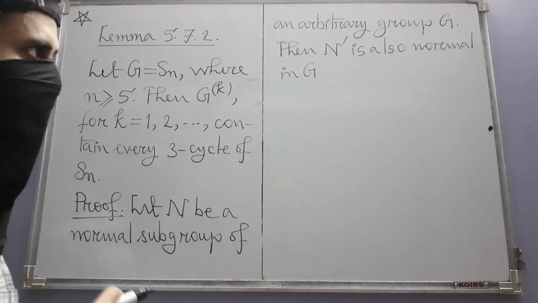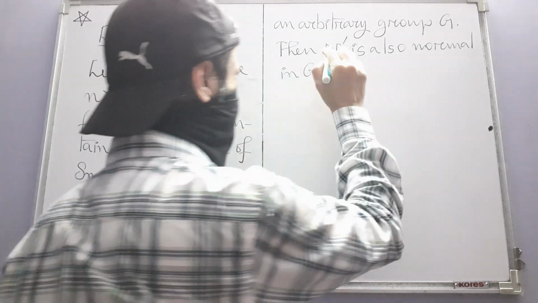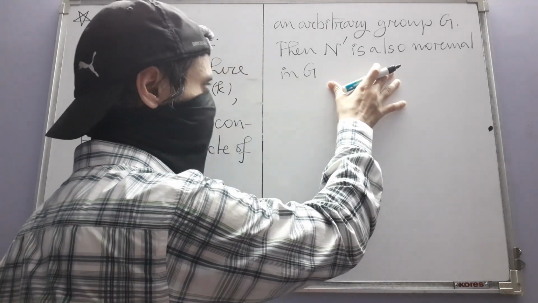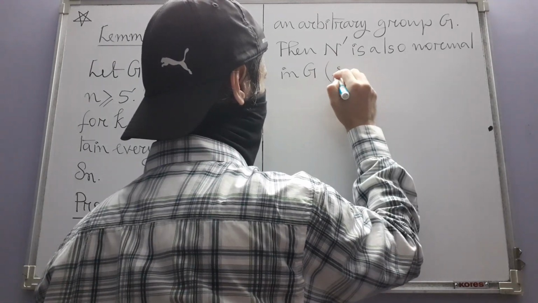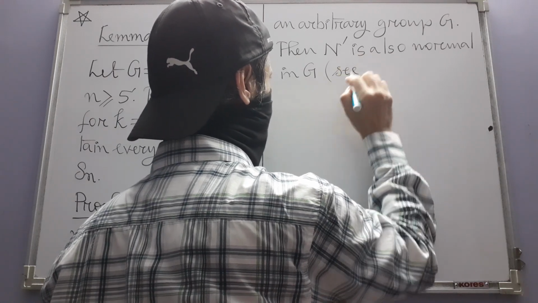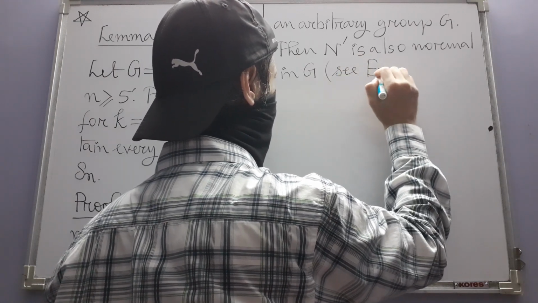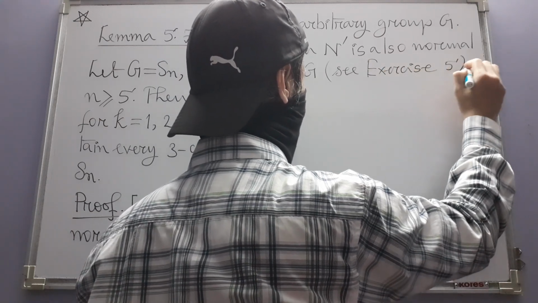It is one of the exercises. So we will solve it when we solve all the exercises. We are, however, going to use this fact in this proof. And for this, see exercise 5.